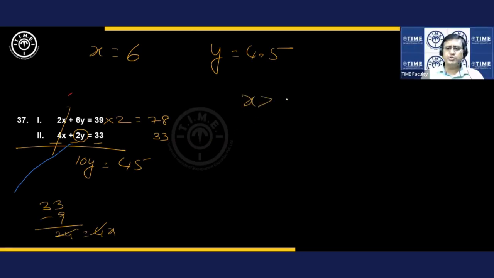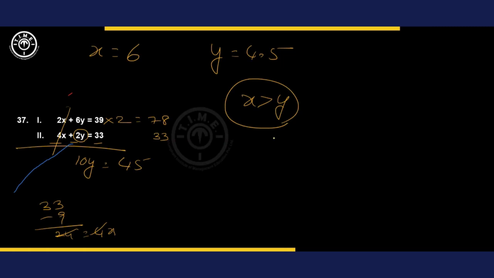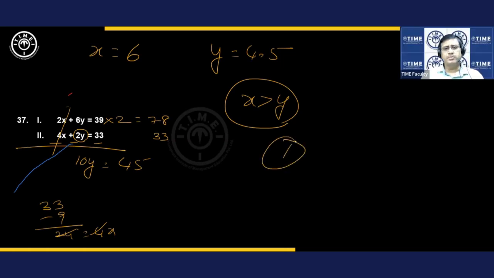X is equal to 6, y is equal to 4.5. How are these two related? X is greater than y. You are right. What is the option number? Choice 1 is the right answer.